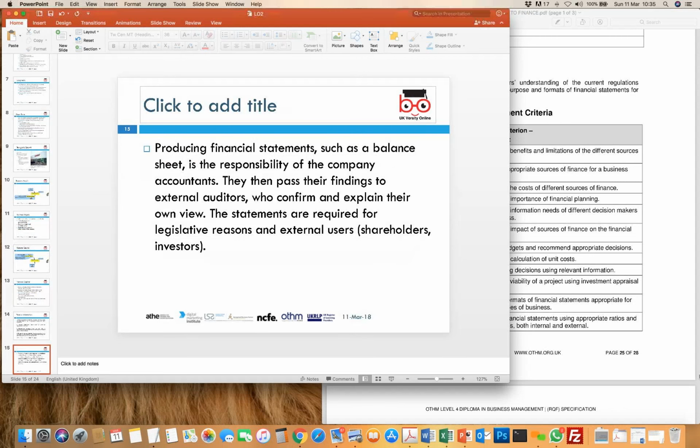Now, producing financial statements like balance sheet sometimes is also a responsibility, because under the company's law, or in most places, in most countries, you have some sort of a law wherein if you're trading as a public listed or a private limited company, as a limited company, or even as a trader, whatever it is, you need to be able to publish your financial statement, which needs to at some point in time be audited.